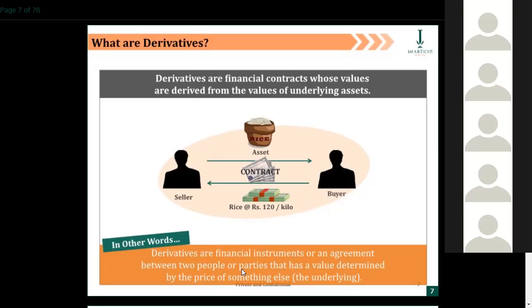By doing so, the buyer goes into a contract with the seller wherein he agrees to buy. In this example, the asset is rice. The buyer is buying rice at a rate of 120 per kilo, and assume 1000 is the quantity. So 1000 kilos is what he's buying at this rate. If you calculate, you can make out the total contract value.